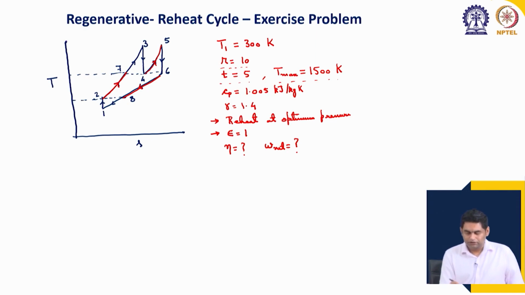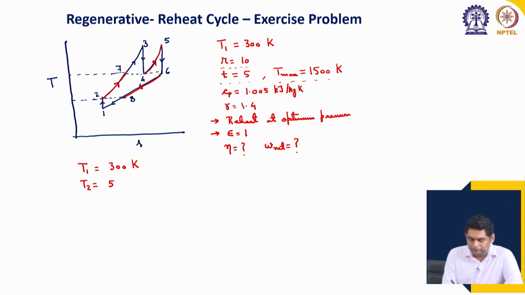Okay. So, now because most of the calculation is similar to the previous cases, I will just quickly write down the values, and you can note from the previous example, we already know what is the value of T 1, T 1 is 300 Kelvin. From the compressor pressure ratio, we will get what is the value of T 2, it will be exactly same as all the previous cases.